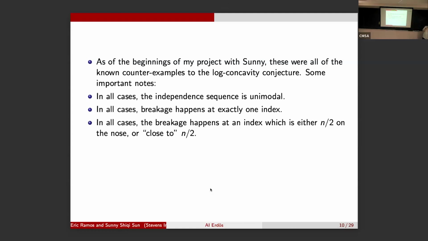Number 3. Have an example with actual concavity breaks? What do you mean? Well, if I remember right from the abstract, first of all, it was conjectured that it's actually concave, and then there's a strong condition of log concavity. So just because log concavity breaks, it might still be concave. Oh, I see. That's what you're looking for, isn't it? So ultimately what we're going to be doing here is producing lots of these counterexamples, but of the log case.